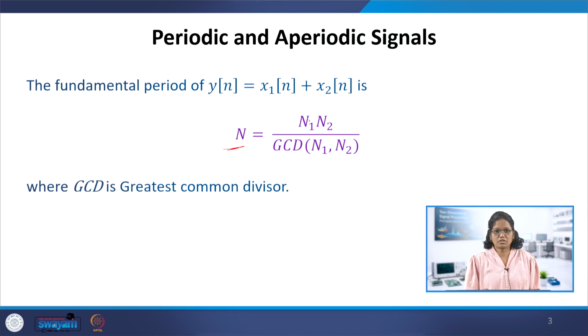We multiply N1 and N2 and take the greatest common divisor of the two, which gives the fundamental period of the resultant signal. This is how we can find the fundamental period for the sum of two or more periodic sequences.